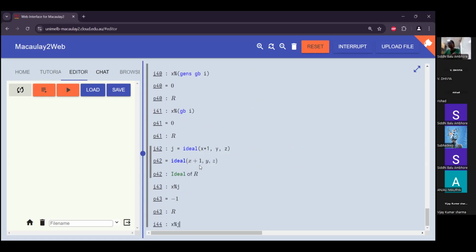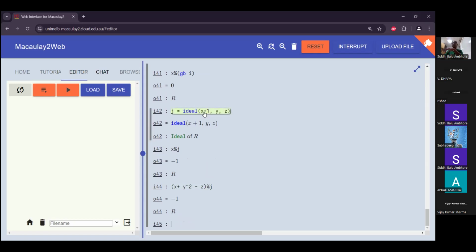Also let me write x plus y square minus z, and it will still show -1, because the -1 is what plays the role, and everything in the y and z terms is there in this polynomial. So you can do this to find the remainder, and so on. I hope this is okay.